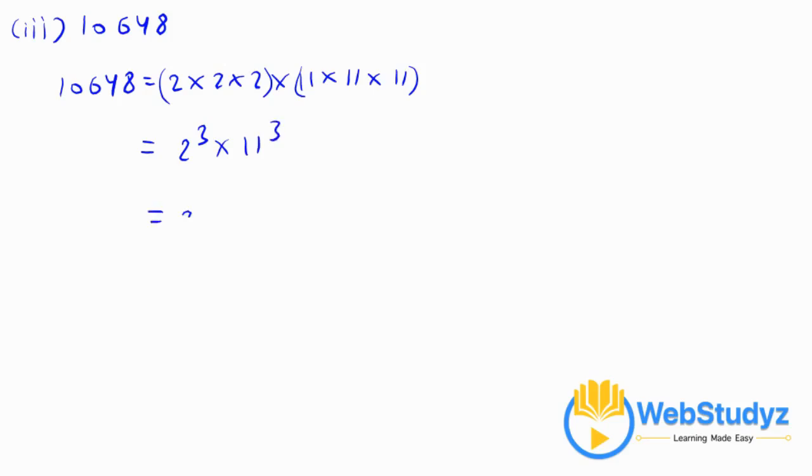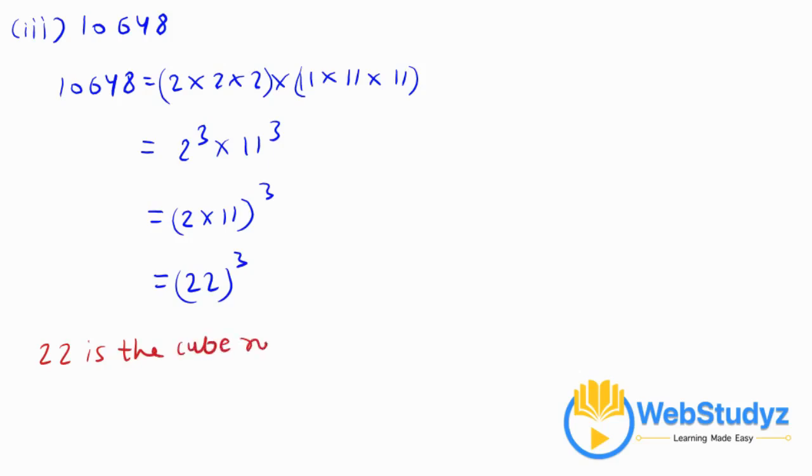That means we can write this as (2 into 11) whole power 3, which will give us 22 to the whole power 3. That means we can write that 22 is the cube root of 10648.